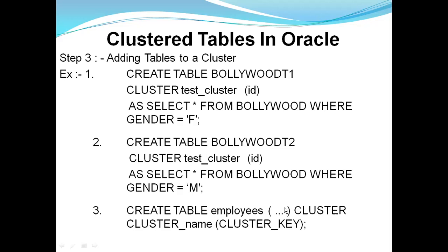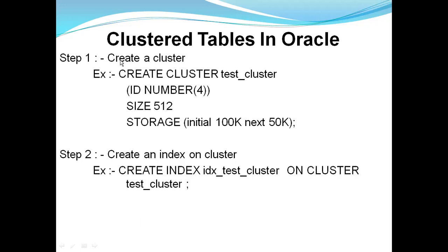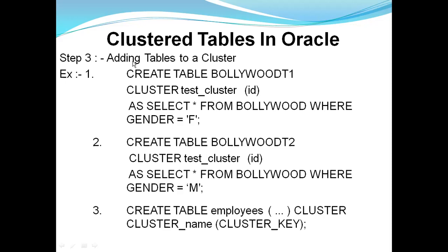Here, after closing the bracket. So you have to say cluster name, cluster key. So remember one thing again. First step, create a cluster. Step number 2, create an index on the cluster. Step number 3, create a table in the cluster.